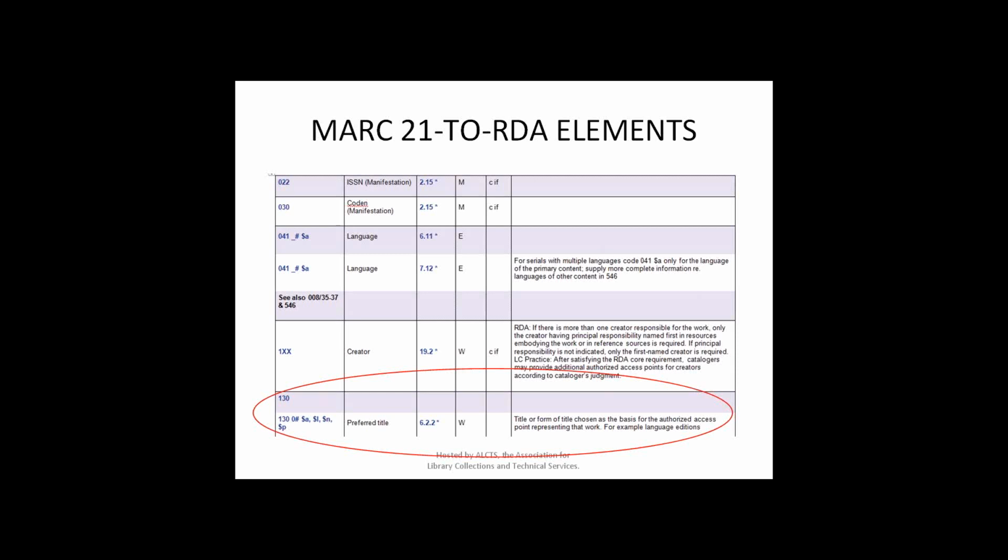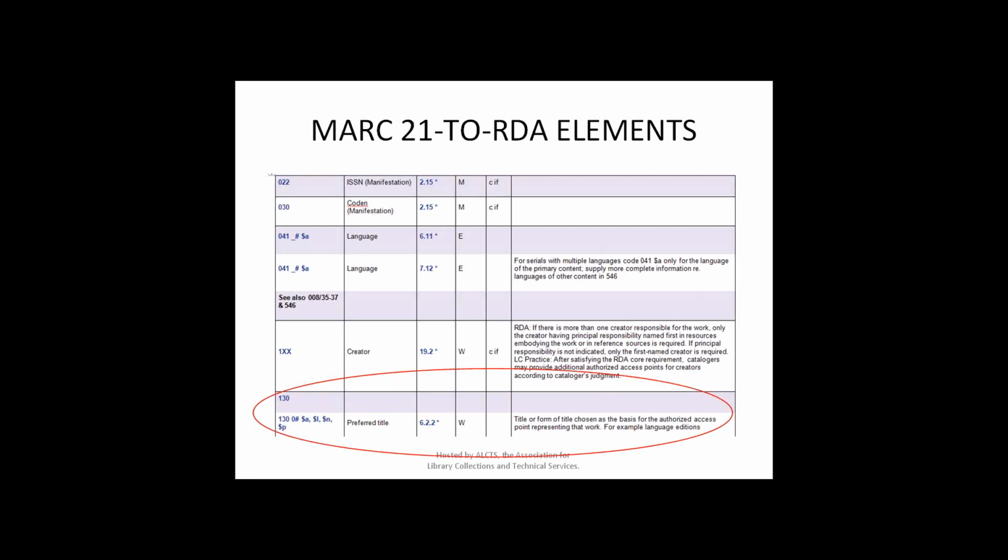In other words, if the work's authorized access point is the preferred title, and that preferred title is not unique, then the 130 field will be used to code a unique authorized access point.